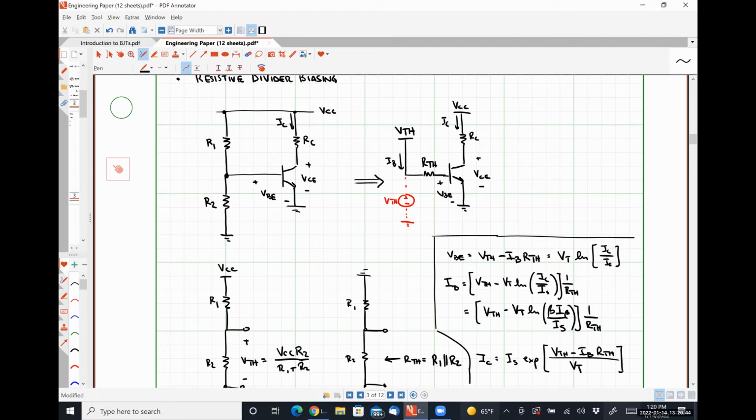All right, so what about VCE? Literally the exact same equation we had for the simple biasing network, right?